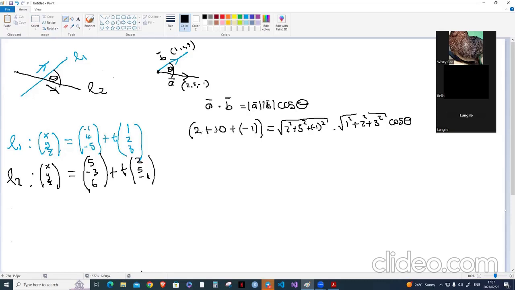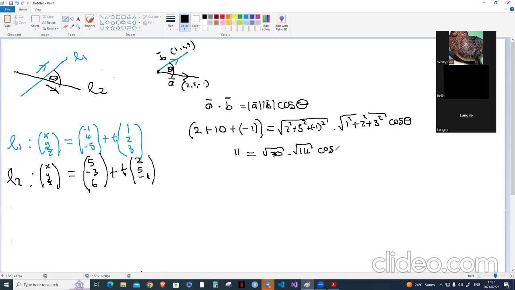On this side, 2 plus 10 is 12, minus 1 is 11. This one is 25 plus 4, that's 29, and then plus 1 is 30. And this one is 1 plus 4 plus 9, which is 14.